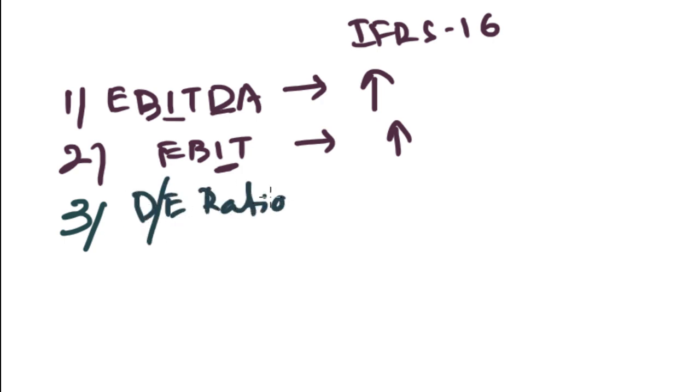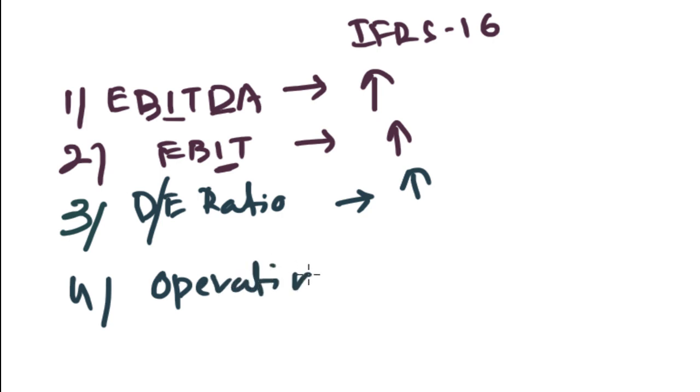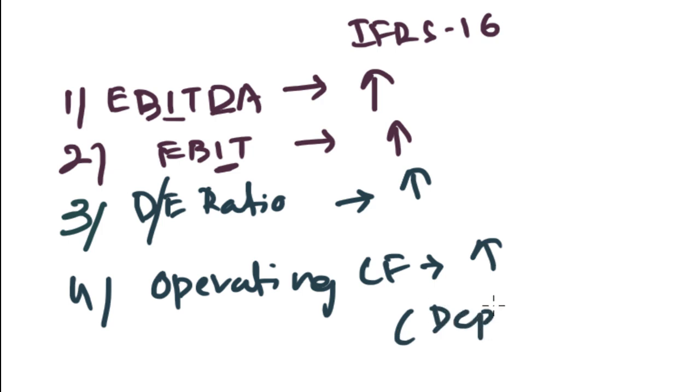The operating cash flow will go up because we have added back the depreciation expense, a non-cash item, and no expense is booked in terms of lease repayments. But there will be lease payments in cash flow from financing activities. Because of the principal portion, it will fall down. But the cash flow from operating activity will rise.